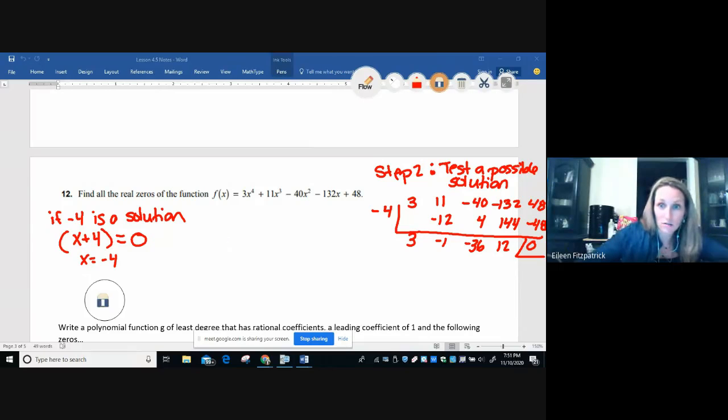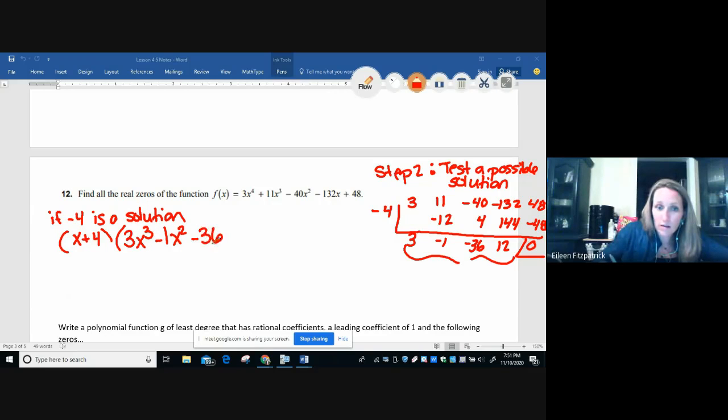So that's important because if that is one of the factors, the other factor is what I get from synthetic division. So my other factor is 3x to the third, my coefficient's 3, 1 degree less, then negative 1x squared, then negative 36x, then positive 12.